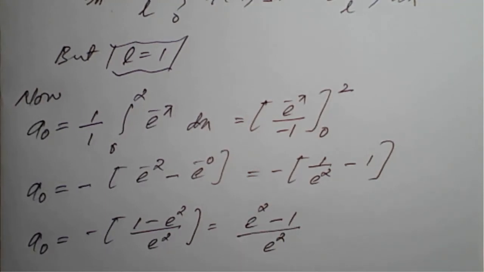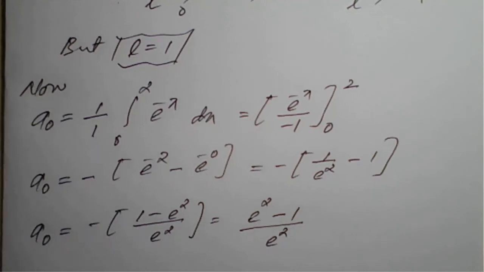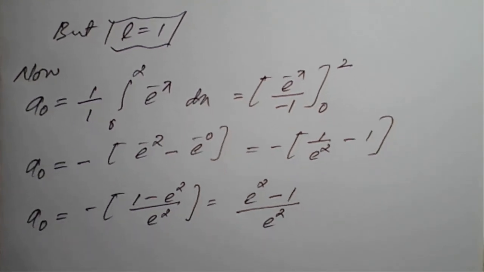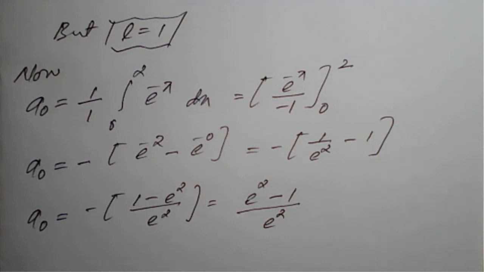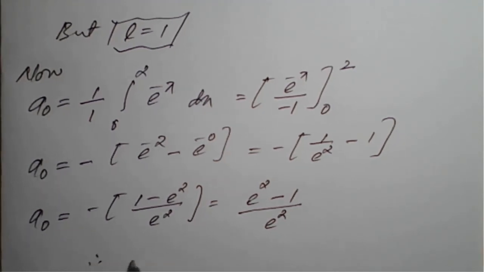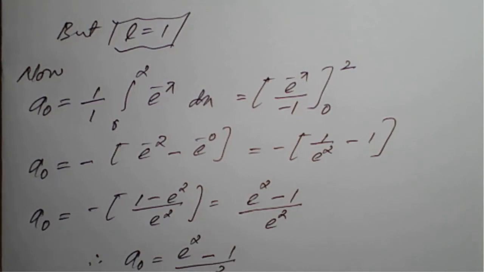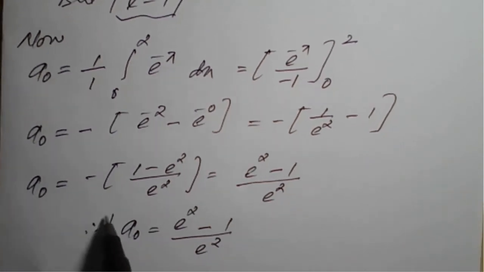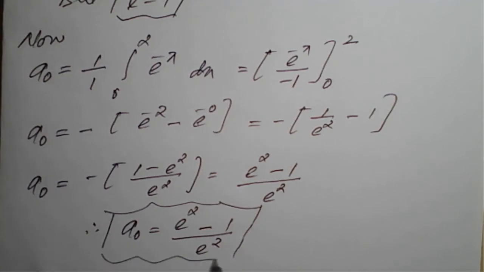So this is the value of a naught. So a naught value is e raised to 2 minus 1 divided by e raised to 2. So this is the value of a naught.